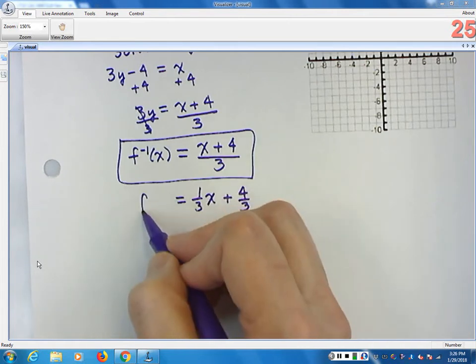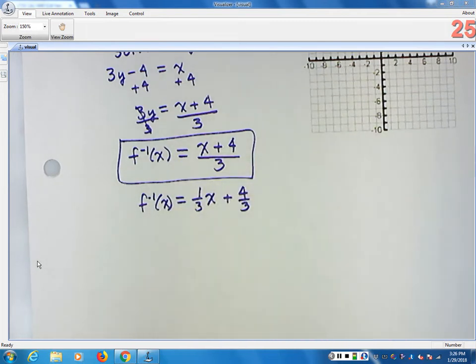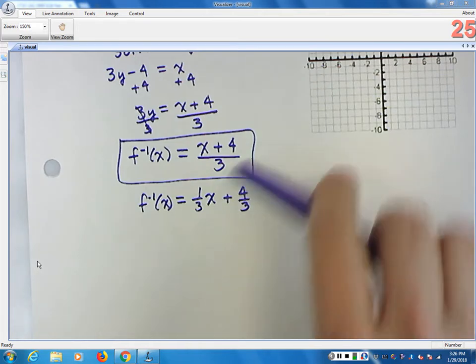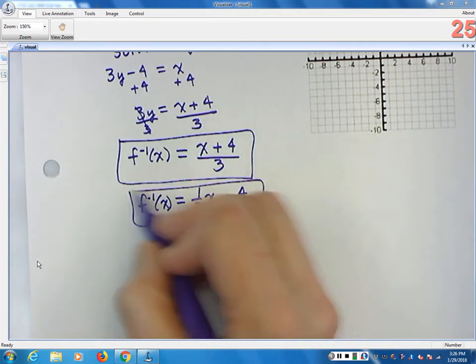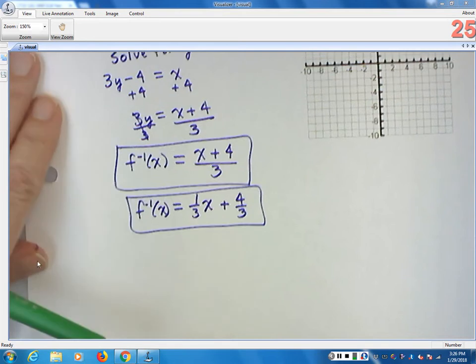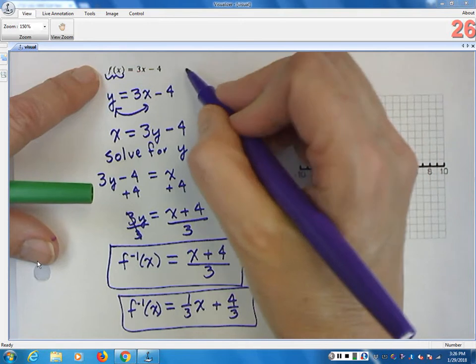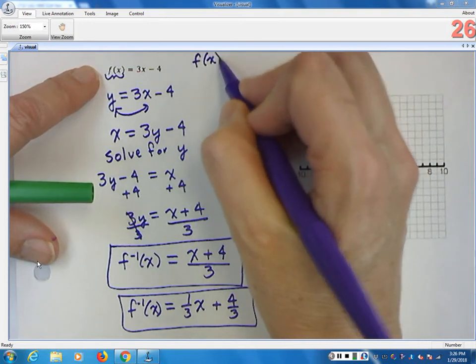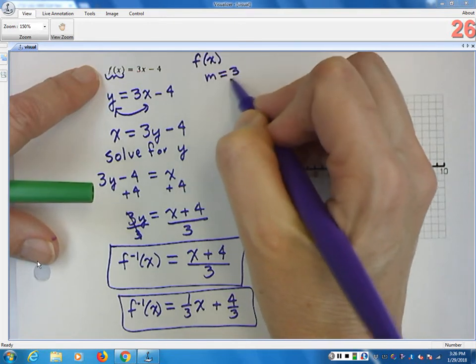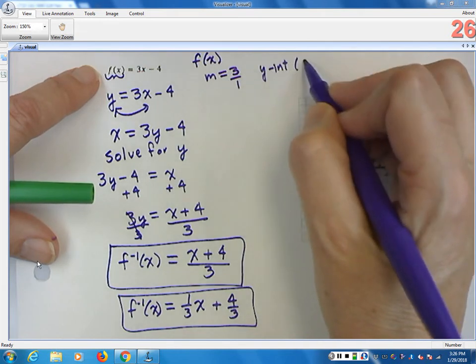Any of these forms, you know, you could distribute that divided by 3. But there's our answer. These are both right. Okay, now we're going to graph f and f inverse in the same plane. So f has a slope of 3 over 1 and a y-intercept of 0, minus 4.